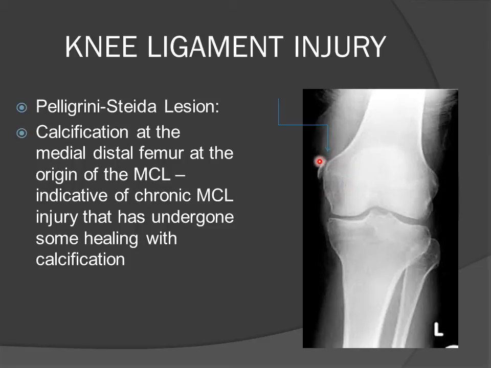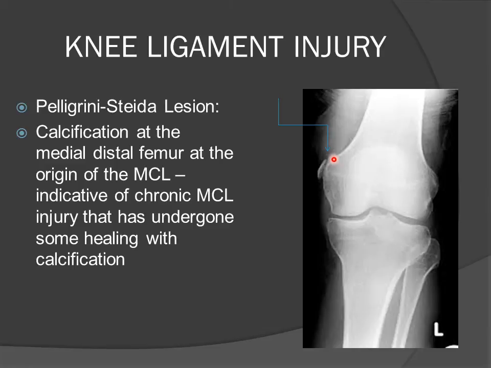Now, the Pellegrini Stieda lesion is a calcification at the medial distal femur at the origin of the medial collateral ligament, usually indicative of chronic injury that has undergone some healing and subsequent calcification.